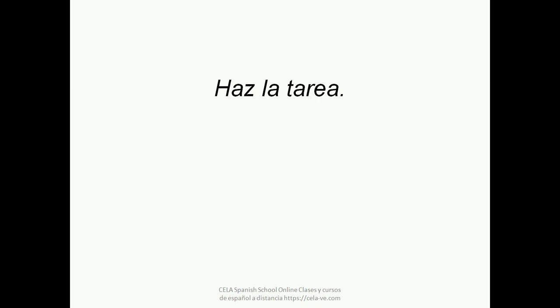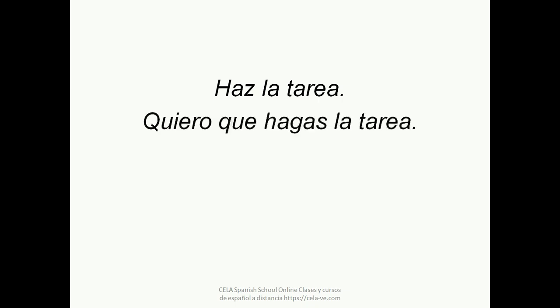I tell my son, haz la tarea, and use the imperative. In quiero que hagas la tarea, I am giving the same information, but with the verb quiero in the main sentence, I am talking about an expectation I have about an action of my son.